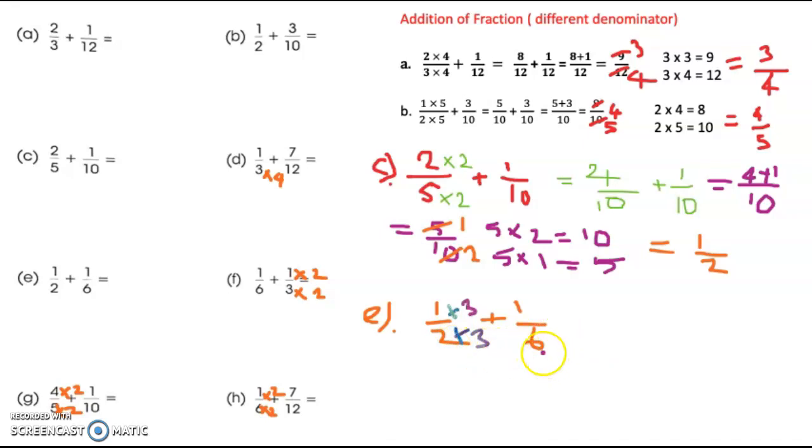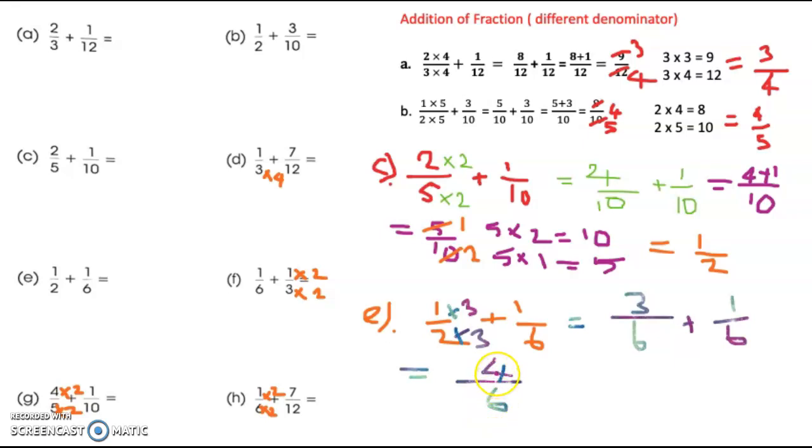With this we are making the denominators the same. So it is equal to 3 over 6 plus 1 over 6. Now we have 3 plus 1, which is 4 over 6.